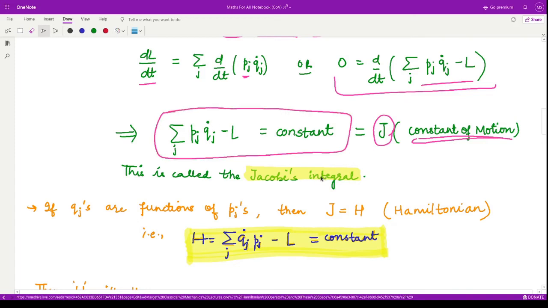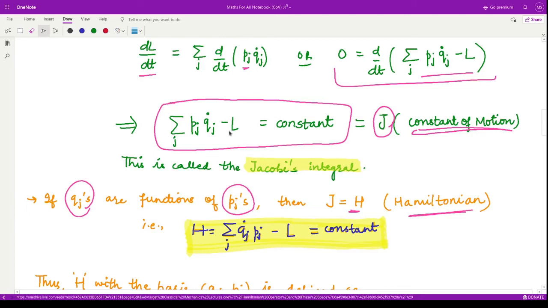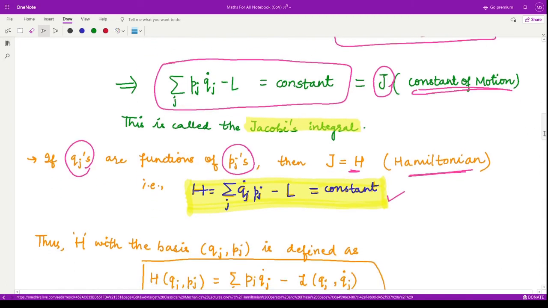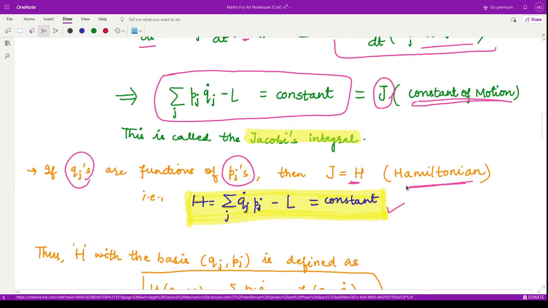And moreover, if the given Qj's are functions of Pj's, in that case we call this J to be H, and that H is known as the Hamiltonian. So basically our Hamiltonian becomes simply summation Pj Qj dot minus L, and this is also a constant. So here we have defined the Hamiltonian.